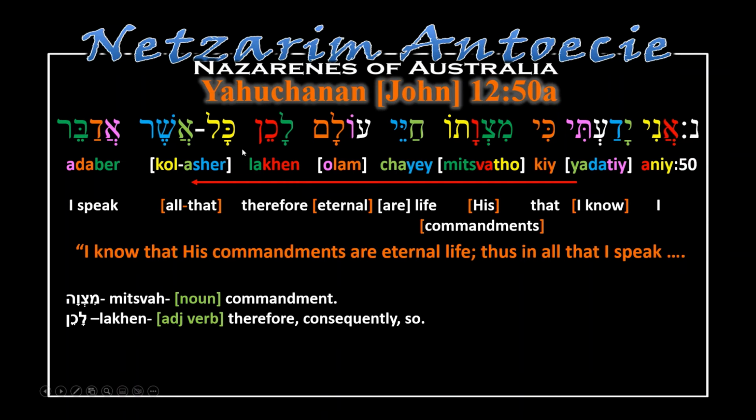Kol. Now, often if it's the first syllable and it will be an accented syllable and it doesn't have any vowel after it, often it'll be a kol rather than a kal. So it's kol meaning all, asher, that, adaber, meaning the a is I again, speak.